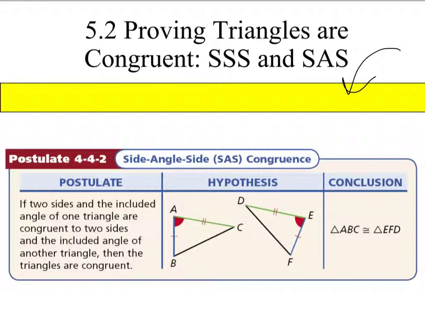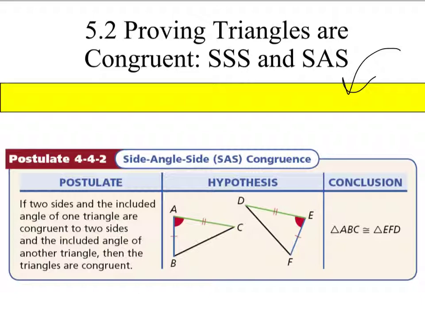Please write this down again. Write the postulate and the conclusion along with the hypothesis as well. So please do that now. This states, if two sides and the included angle, that is very, very important, the included angle, are congruent to two sides and the included angle of another triangle, then the triangles are congruent.